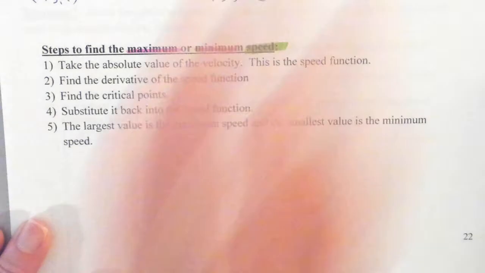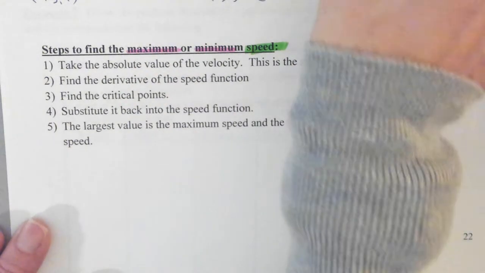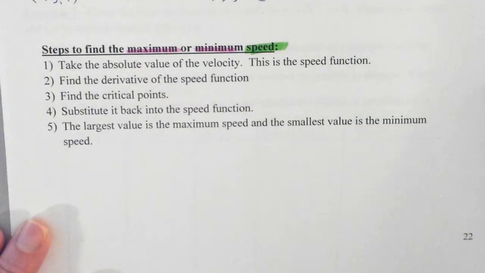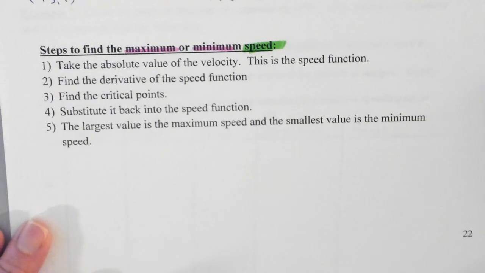So if I ask you to find the speed, how do I find the speed? We talked about it last class. It's the absolute value of the velocity. So how do we find the velocity? First derivative, and then what do I do with that first derivative? Not yet.